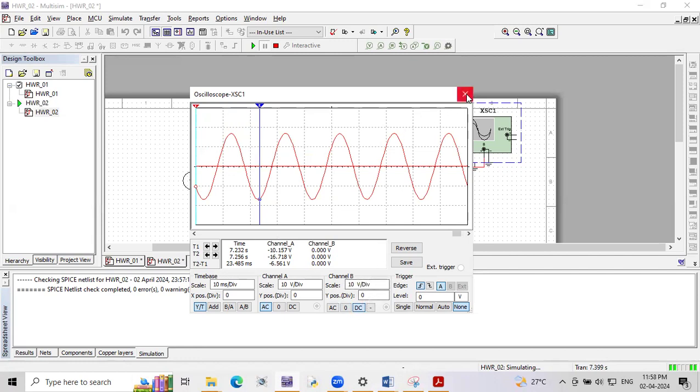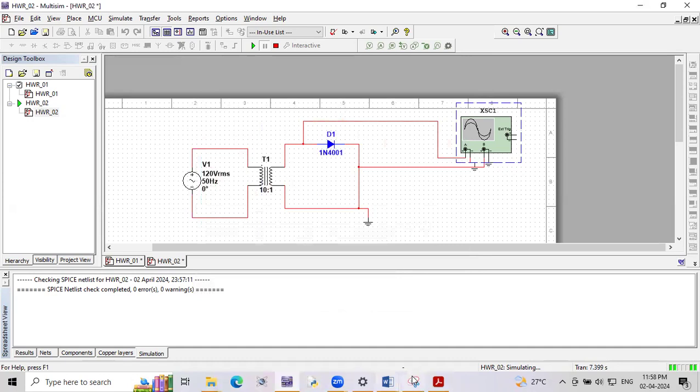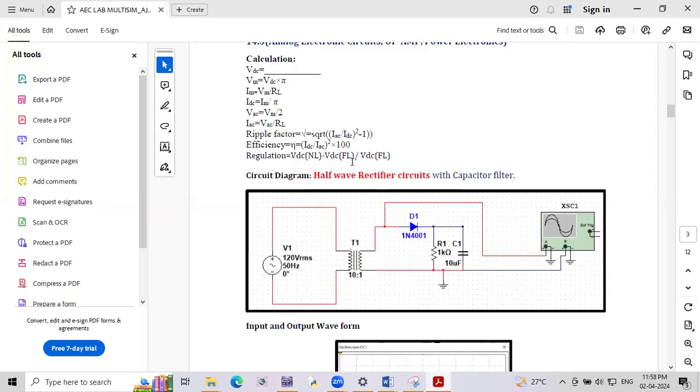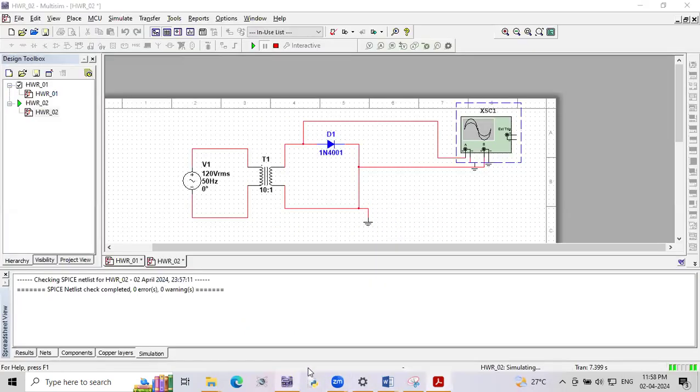So 0 you can take, and substitute here: no load 0 minus full load 16.2, divided by 16.2. We're going to get minus 1 into 100, that is minus 100. That is not perfect. Okay, VDC no load, check VDC no load.